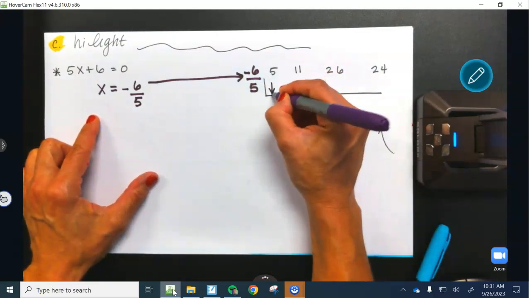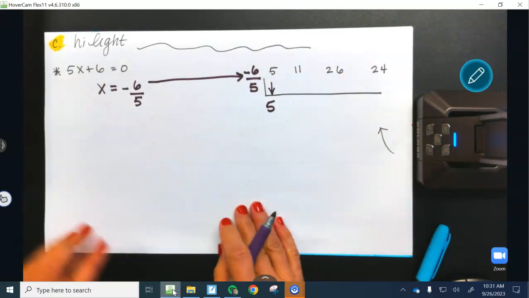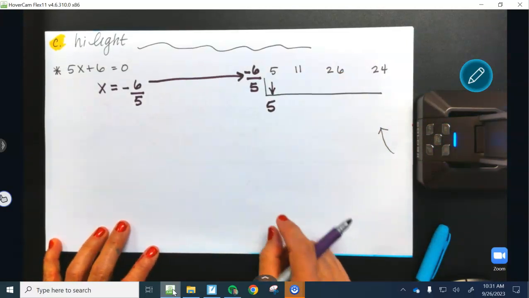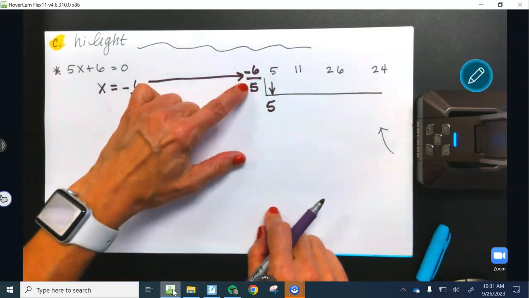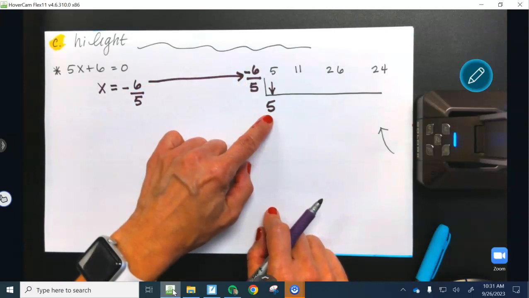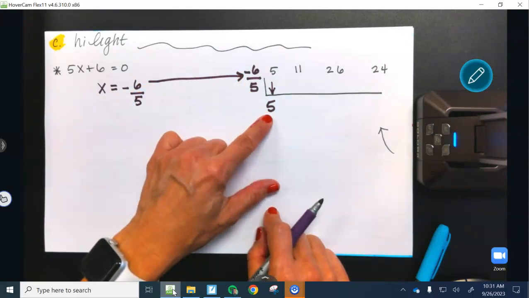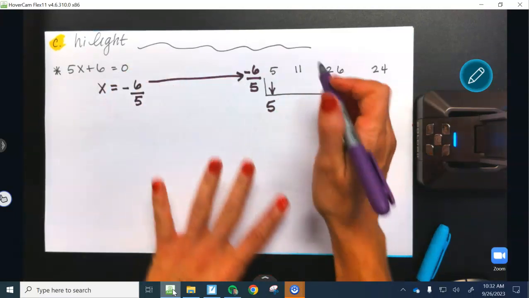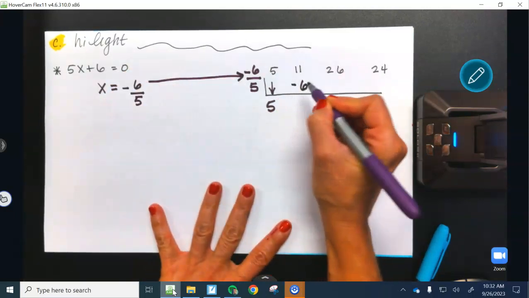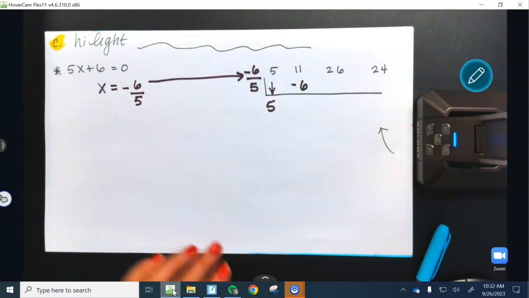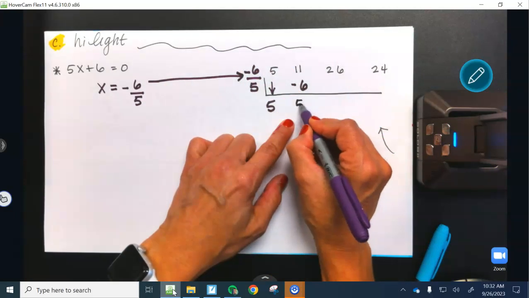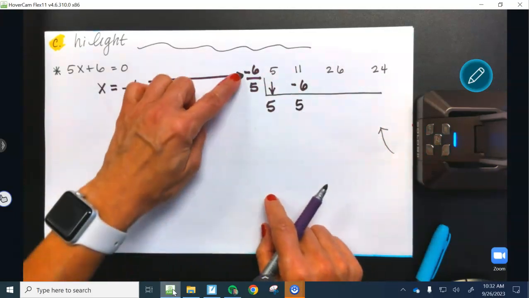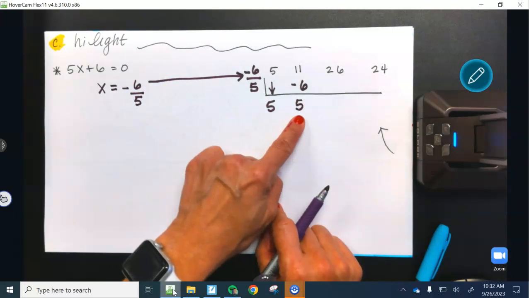Let's bring down the first number. Oh, look at this. This reminds me of our warm-up. What is a negative 6 over 5 times 5? Negative 6. These 5's cancel. Let's write negative 6 right here. What is a positive 11 and a negative 6? A 5. What is negative 6 over 5 times 5?